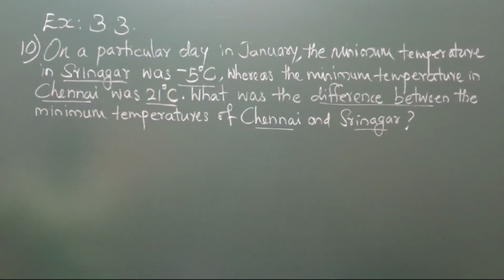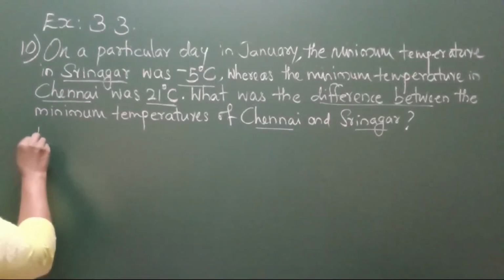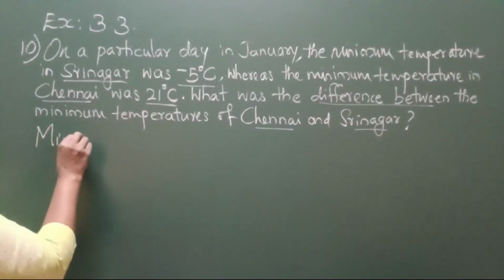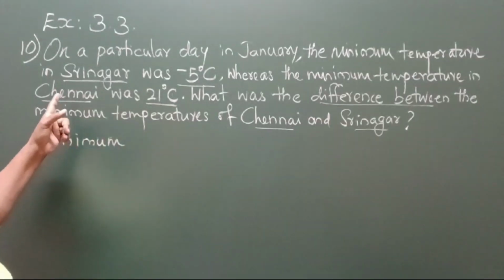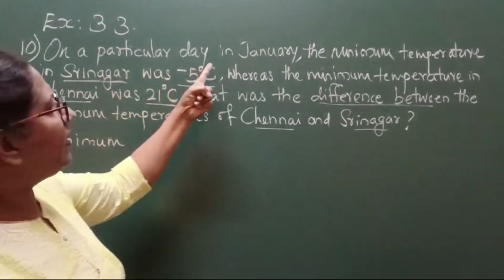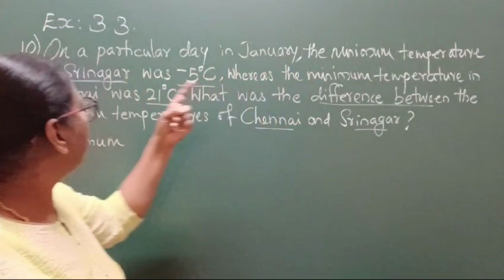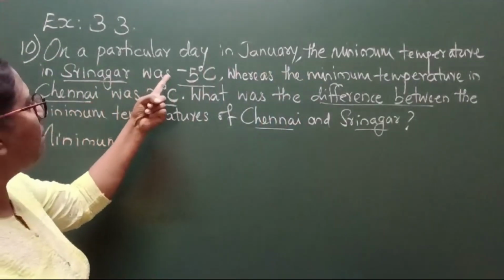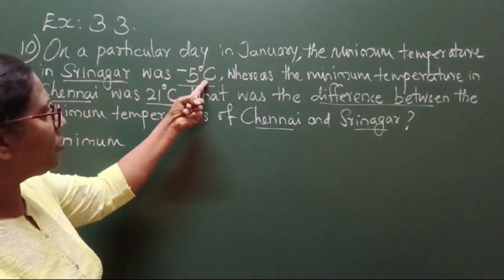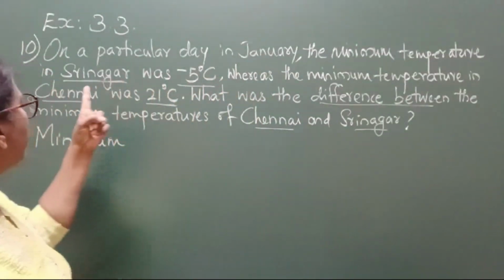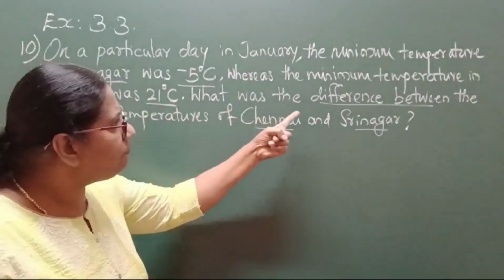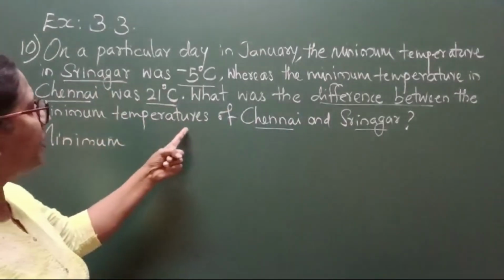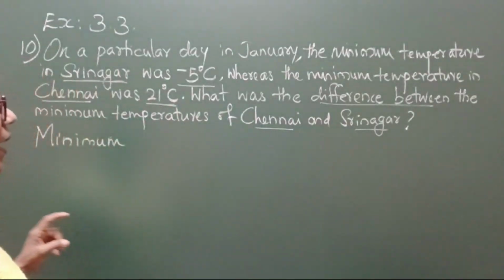Minimum temperature in Srinagar. What does the question say? On a particular day in January, the minimum temperature in Srinagar was minus 5 degrees Celsius, whereas the minimum temperature in Chennai was 21 degrees Celsius. What was the difference between the minimum temperatures of Chennai and Srinagar?